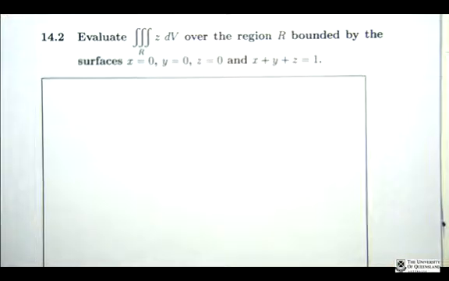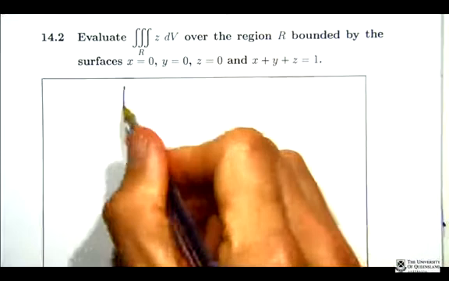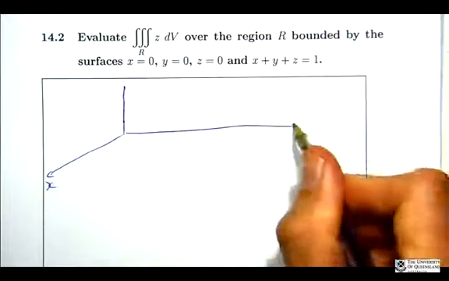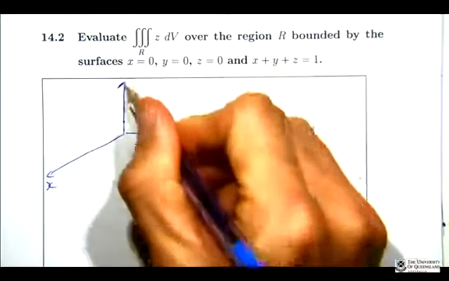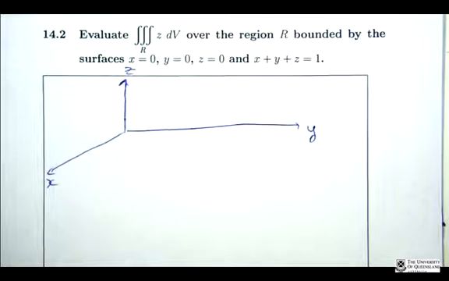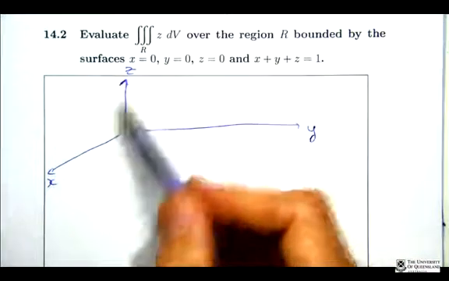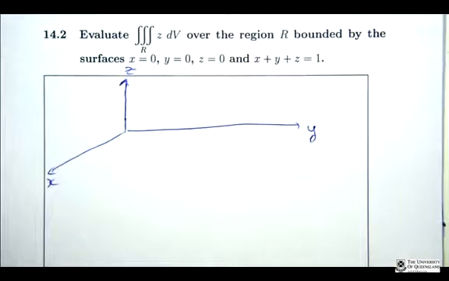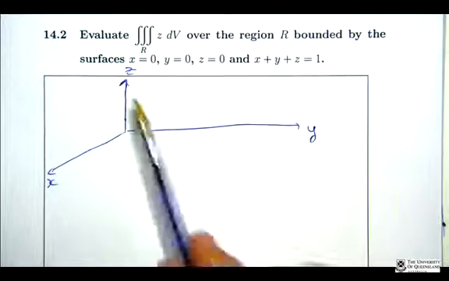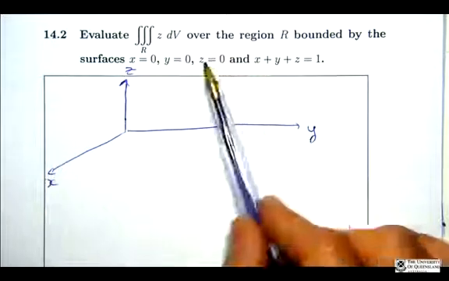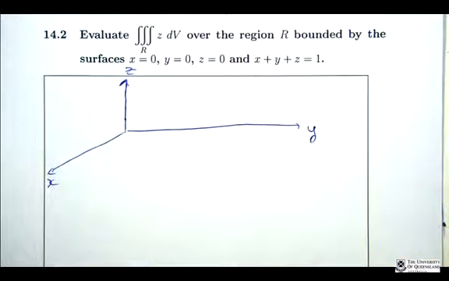So this region's not too bad. In fact, I can draw a diagram of the region. Draw up the axes x, y, and z. Here I've already drawn in the 3 coordinate planes. Remember x equals 0 is the yz plane, y equals 0 the xz plane, and z equals 0 the xy plane.